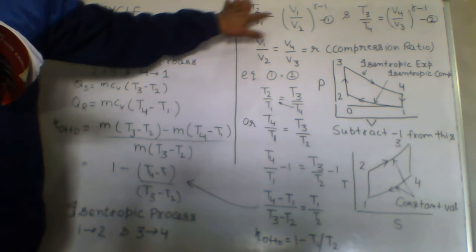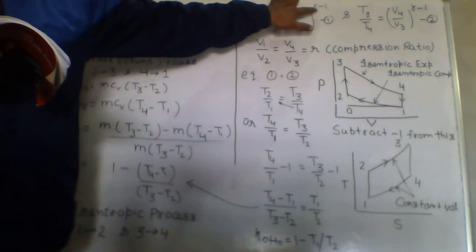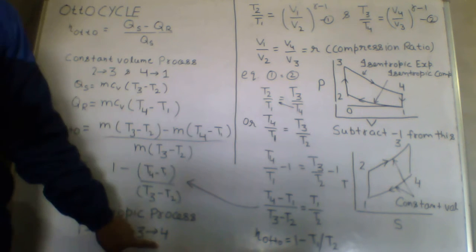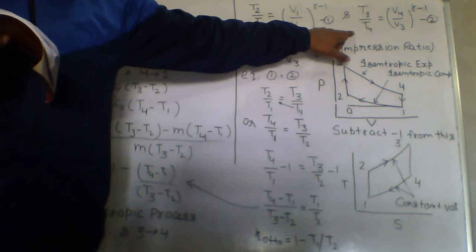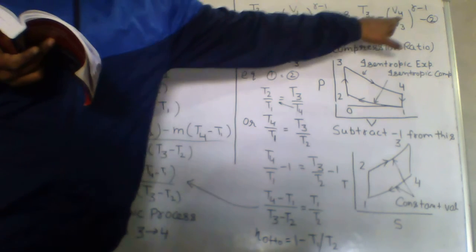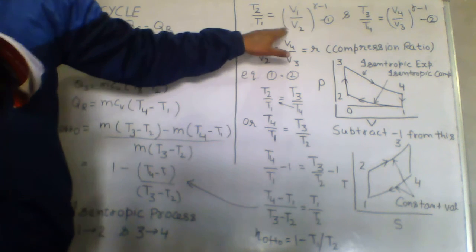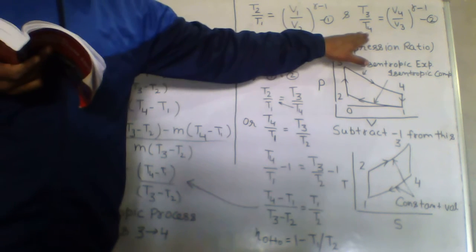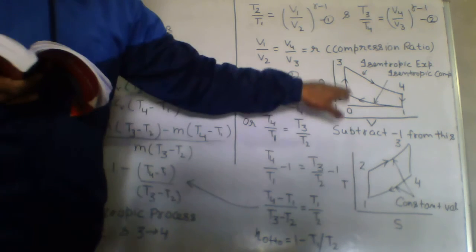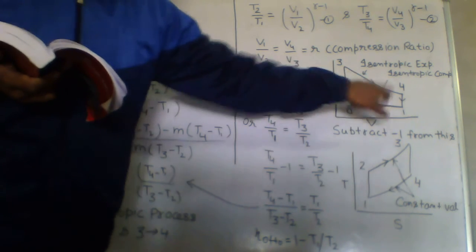T2 by T1 is equal to (V1 by V2) raised to power gamma minus 1. And for the 3 to 4 process, T3 by T4 is equal to (V4 by V3) raised to power gamma minus 1. So these two equations are for the 1 to 2 process and the 3 to 4 process.